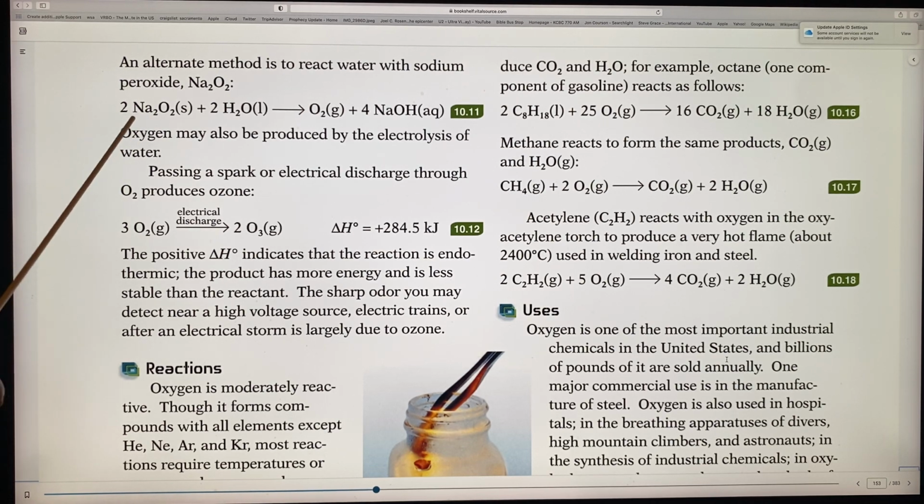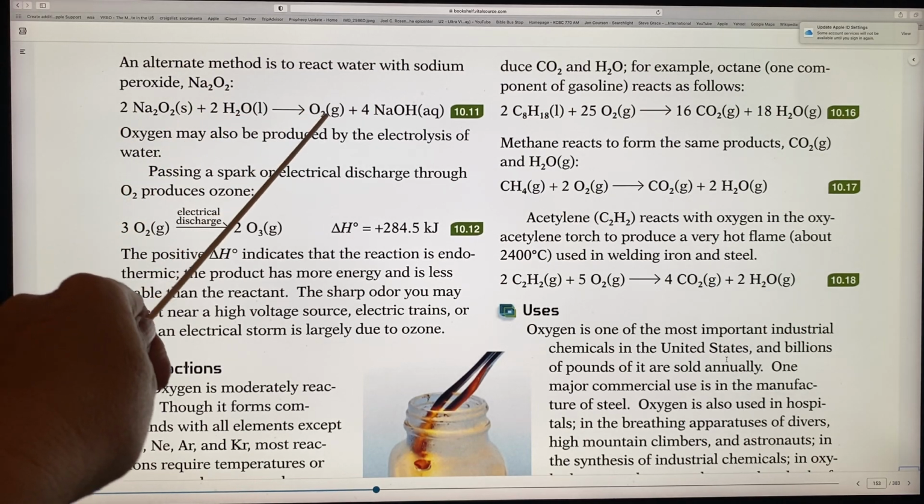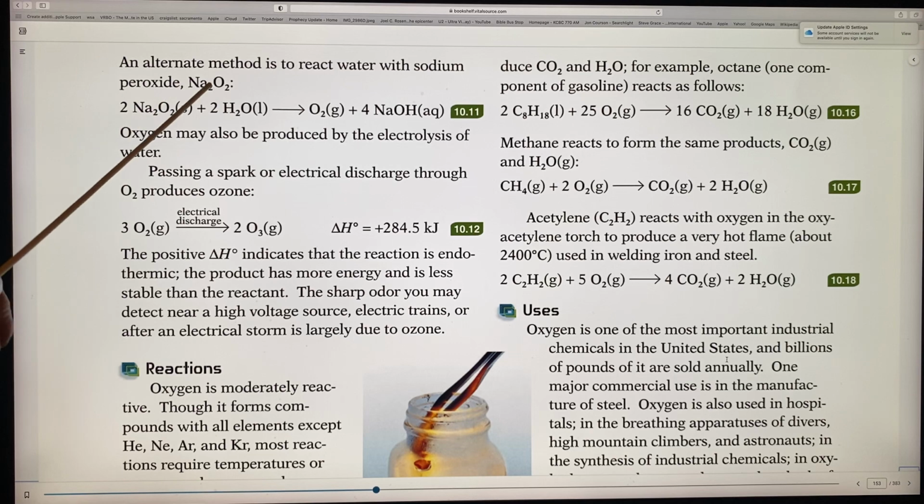So mixing the sodium with water instead of the potassium with water, and then we'll get oxygen again. The same procedure, only you're using sodium instead of potassium. Sodium and potassium are both in the alkali metal group, basically in the same group number 1.